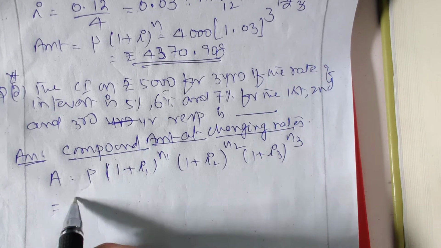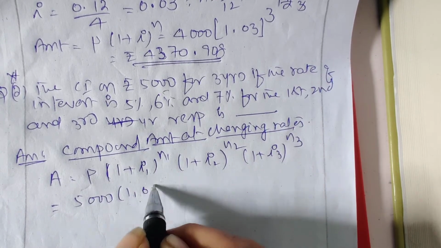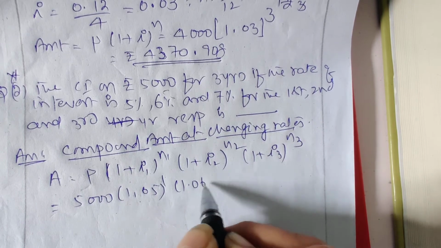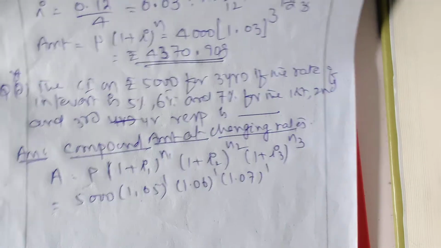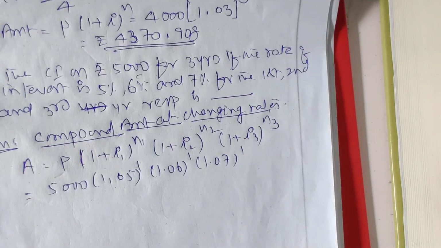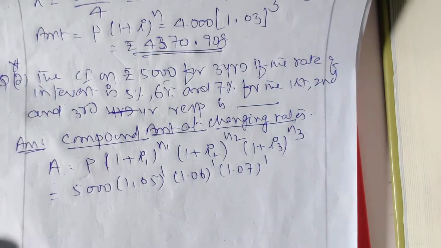Here principal is equal to 5000, 1.05 whole power 1, 1.06 whole power 1, 1.07 whole power 1. We have to multiply these values.